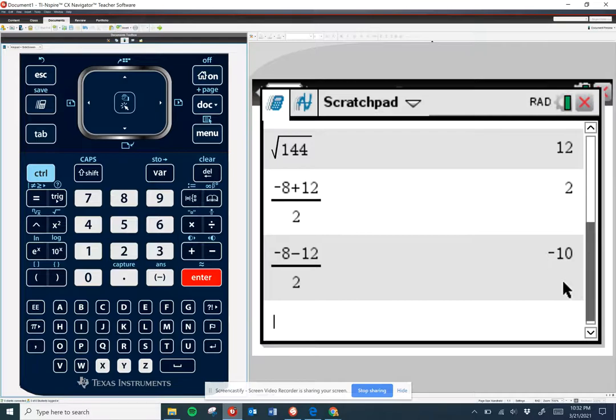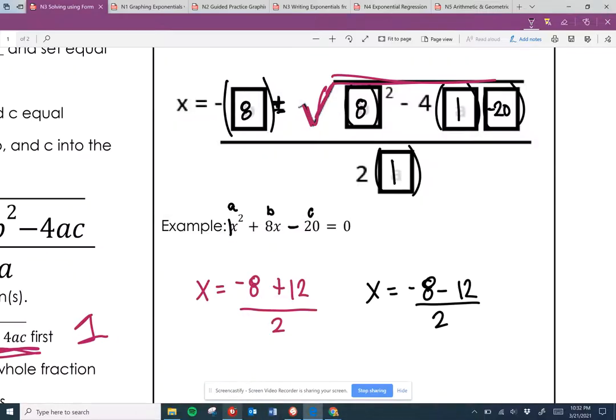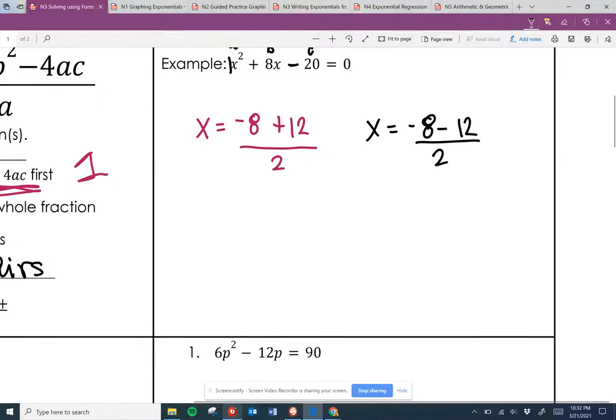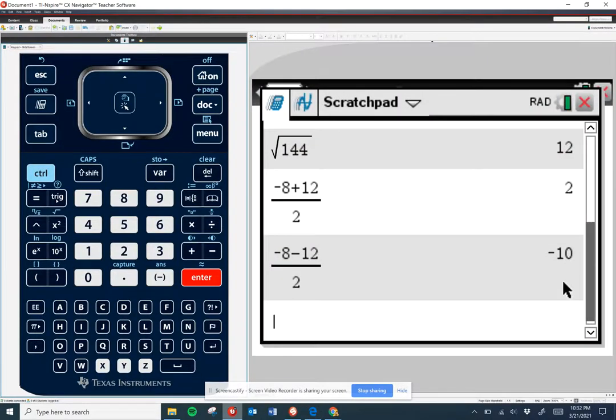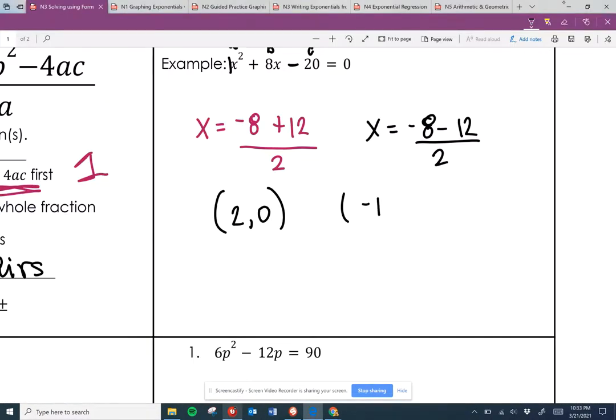So we have 2 and negative 10 as our two solutions, right? So our first solution is 2, comma 0. Our second solution, what was it, negative 10, comma 0.